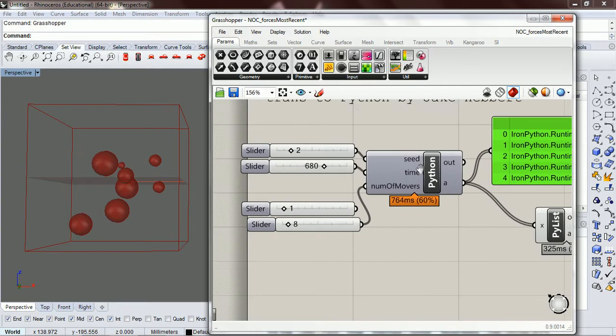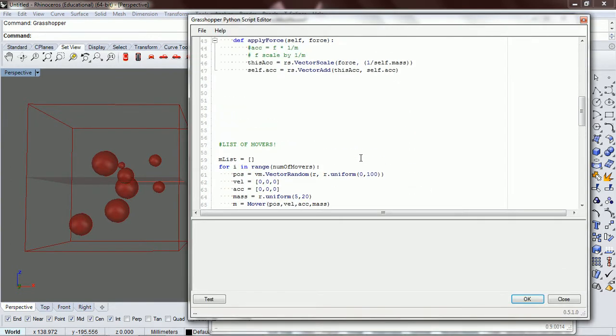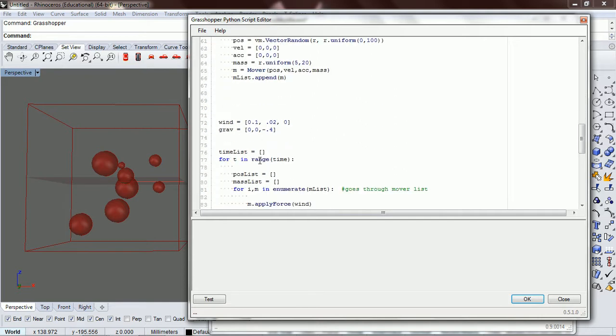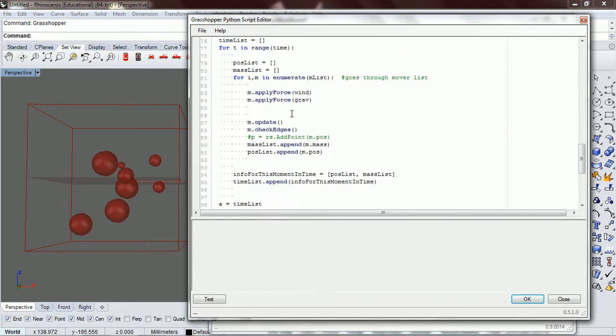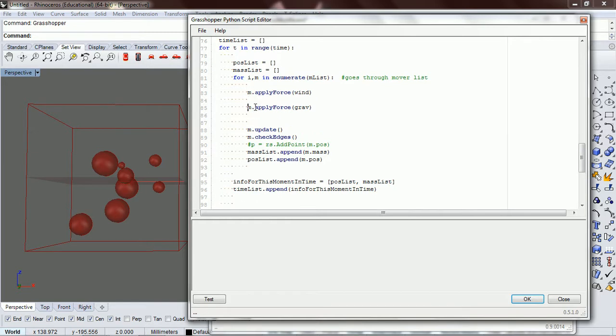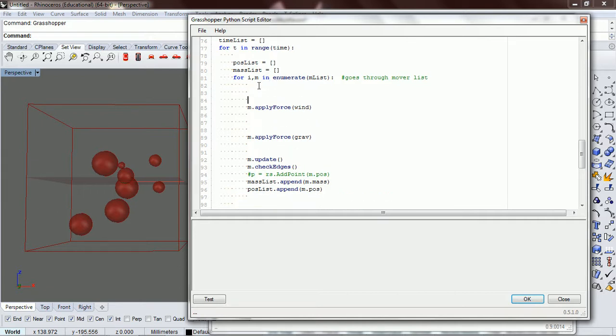And the way that we can affect that is by relating our force to our mover mass before we apply it. So here we're going to do this with gravity, and then we're also going to do this with friction.